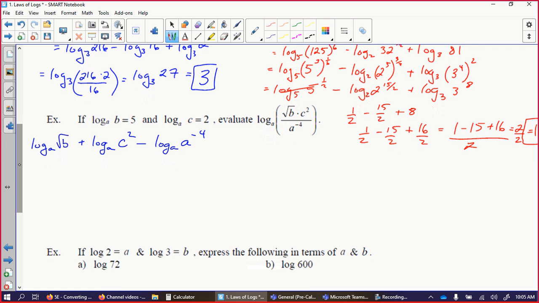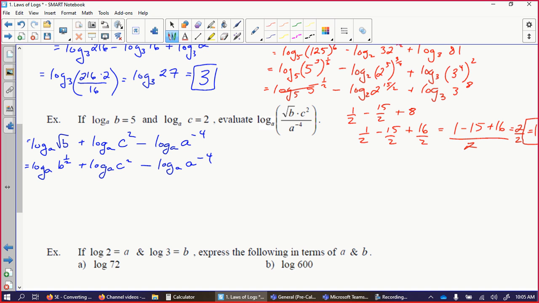And now it's all about simplifying, the square root of B. So this is B to the 1/2 plus all of the rest. And then we're going to use the power rule because I've got an exponent.